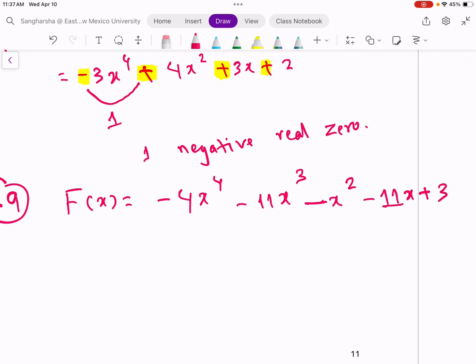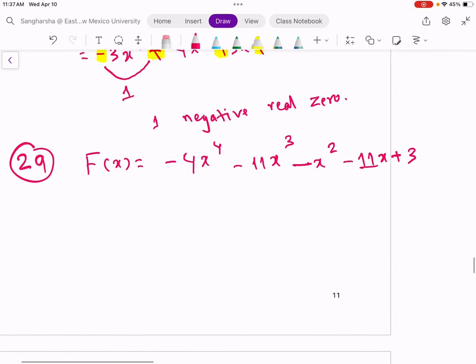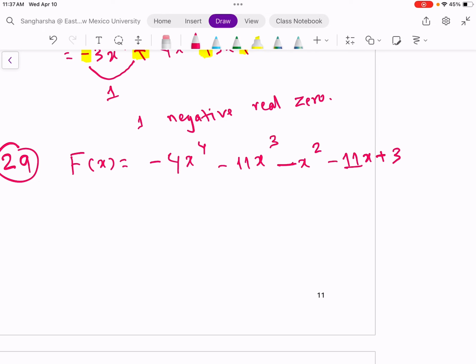So we are asked to find all real zeros for this polynomial function. Finding real zeros means we need to find the x-intercepts. In order to find x-intercepts, what do we do? We set f of x equal to 0 and solve the equation. But this equation has degree 4, so it's not easy to solve.